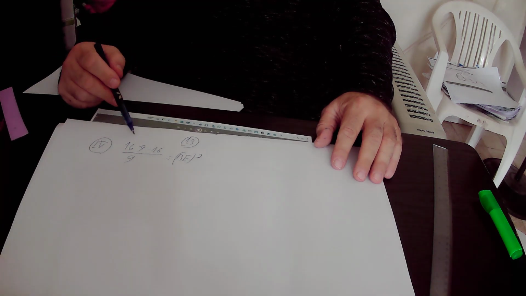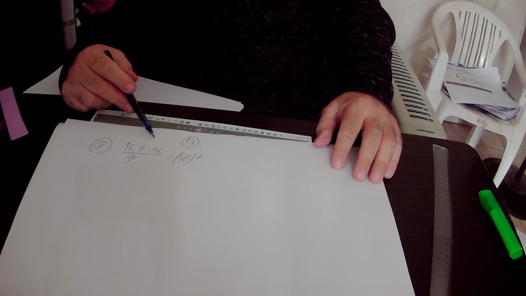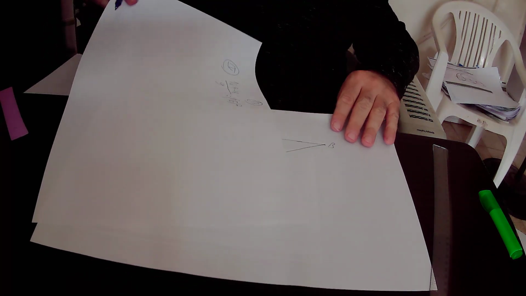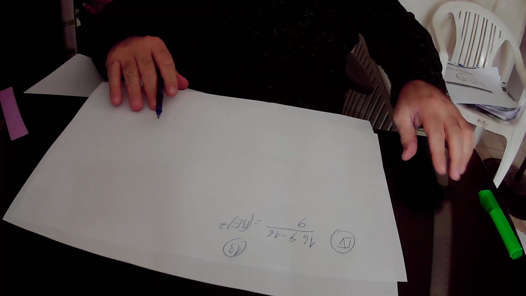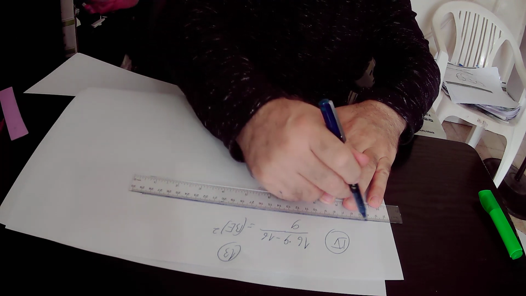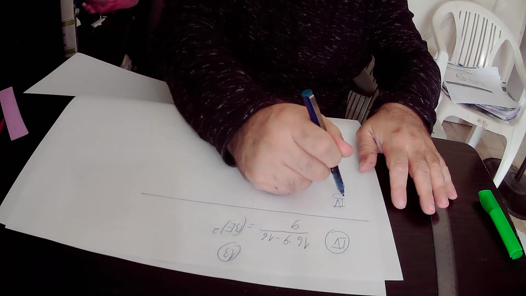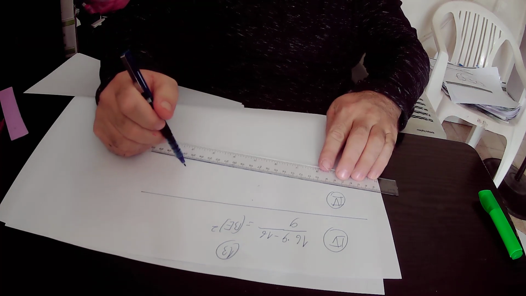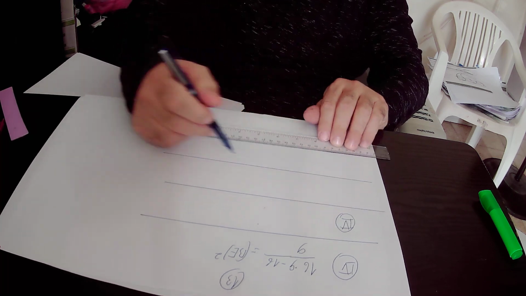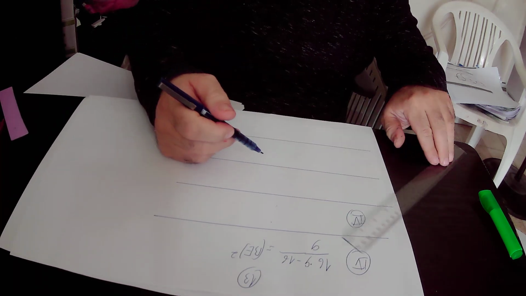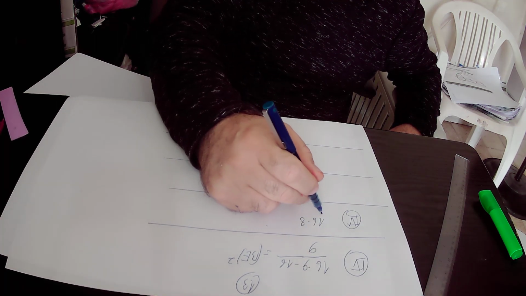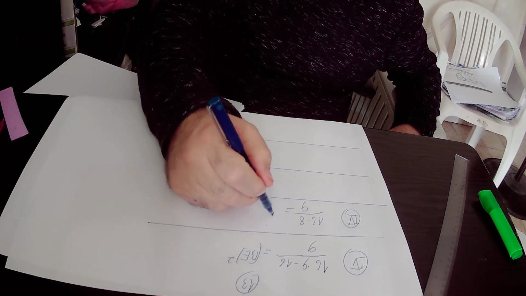So here 16 times 9 minus 16 is 16 times 8, so we write it down: 16 times 8 over 9 equals BE square.